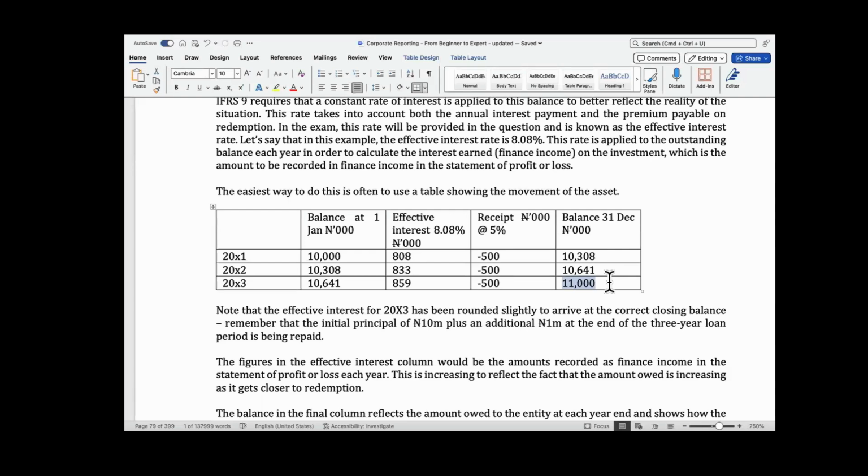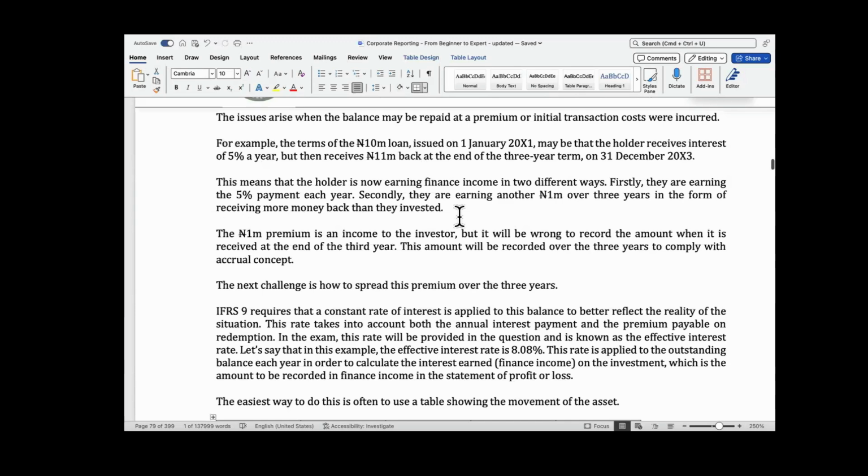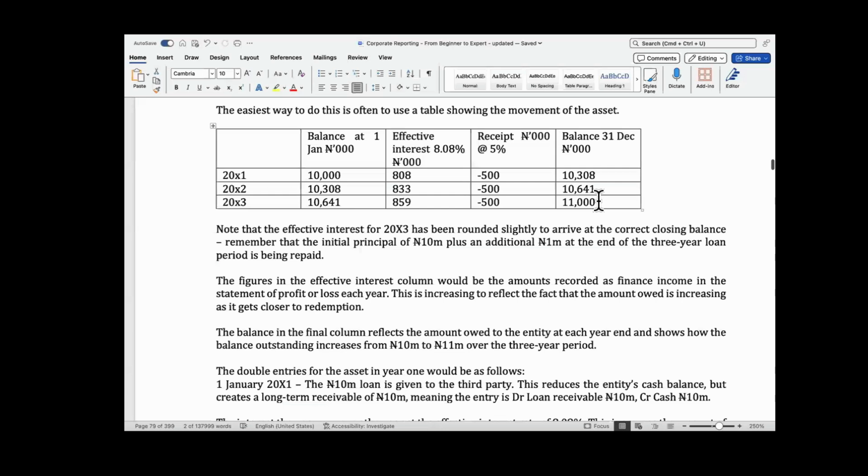The 11 million at maturity. Because you get paid 11 million, exactly the same as the 11 million they told us in the question. You receive it back, which is what we got in our table as expected. So when you receive it, what will be the double entry to cancel it out?